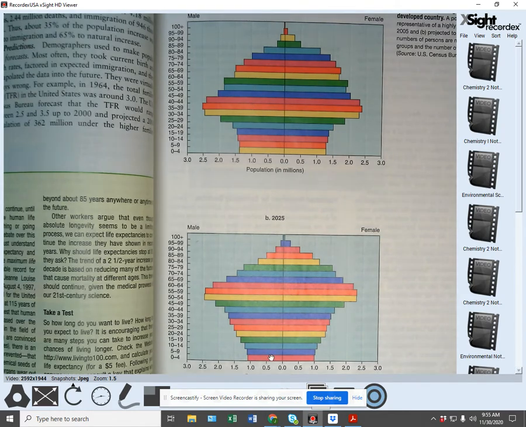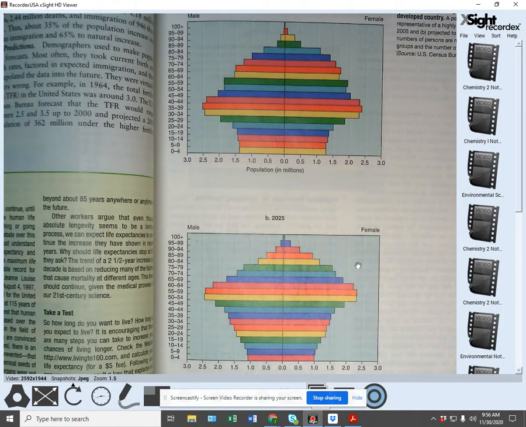Okay, so it doesn't always work that way. Sometimes you can get larger portions, with percentages going up. But basically, what this means is this is a graying population. A larger percentage of their population is getting into the elderly, the 65 plus range.